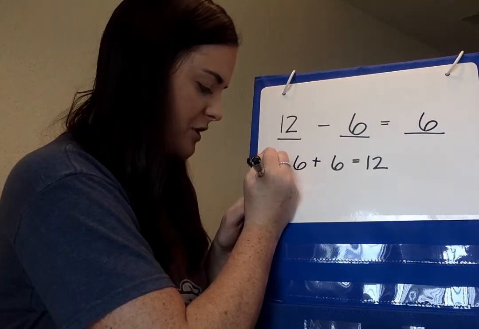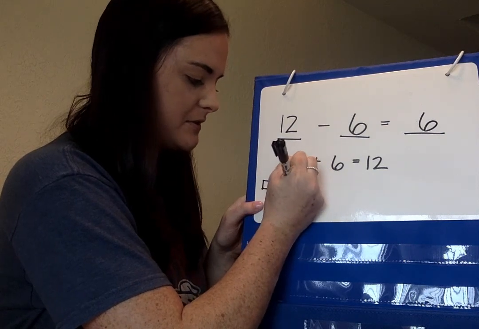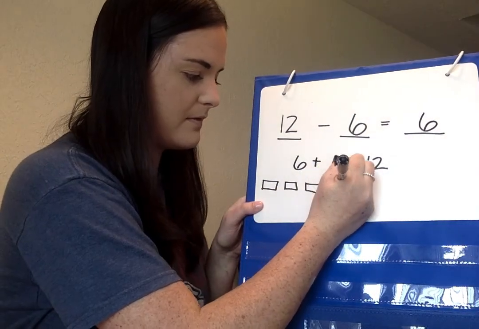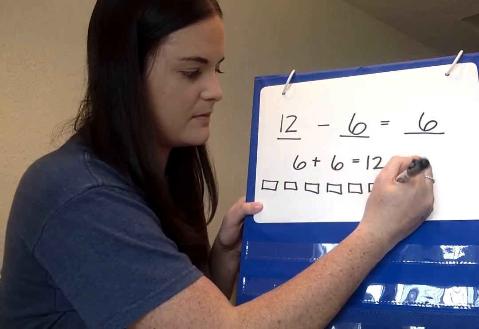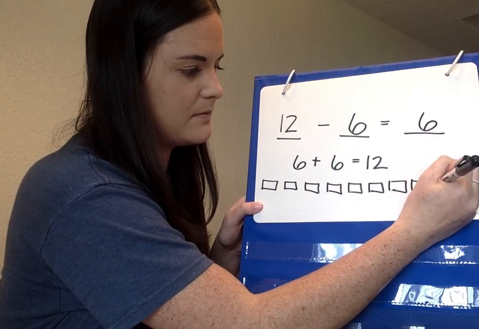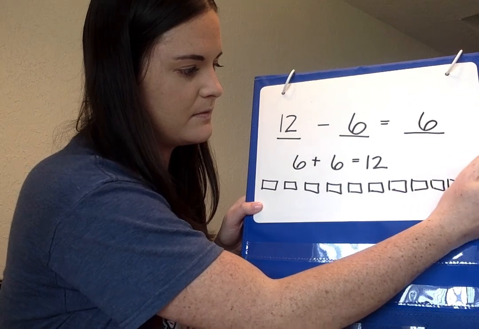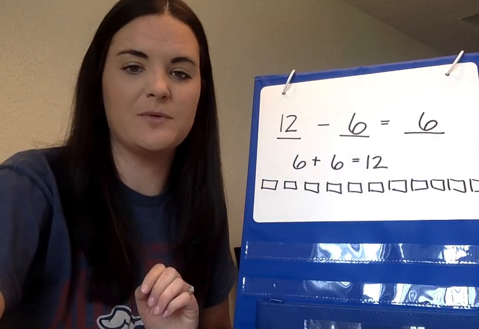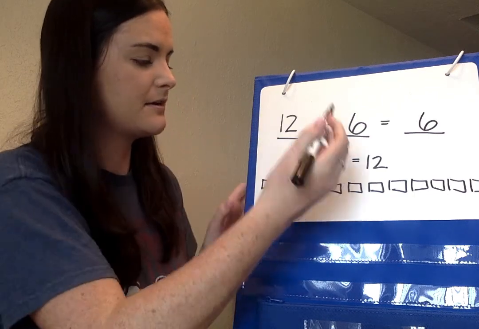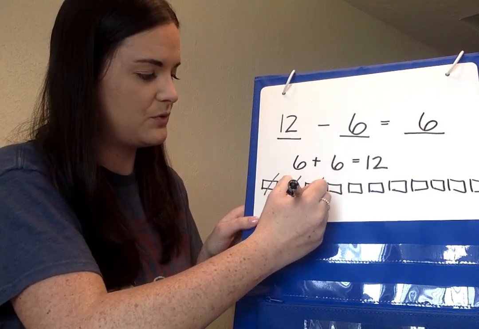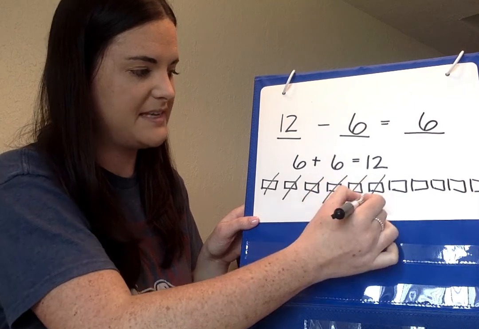Now another way to solve this would be by drawing a picture if you weren't sure. So I'm going to draw 12 erasers. How many do I need to cross out? 6. 1, 2, 3, 4, 5, 6.